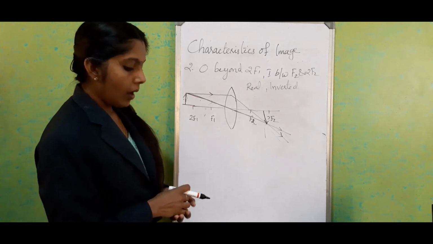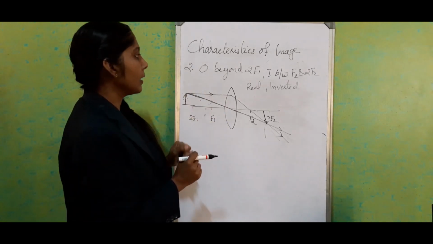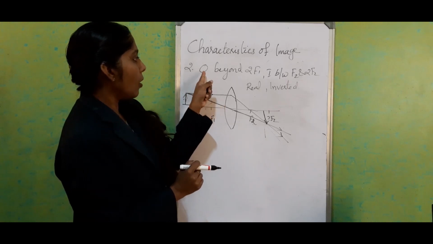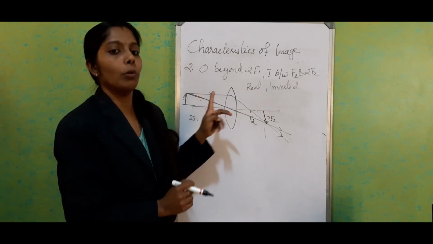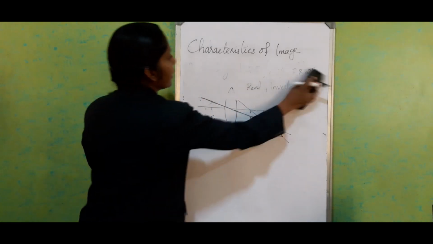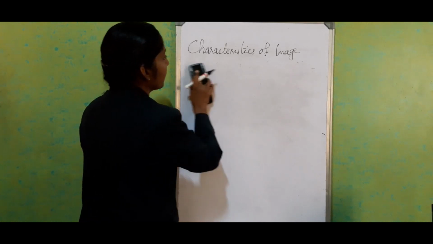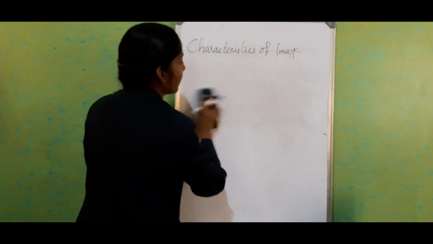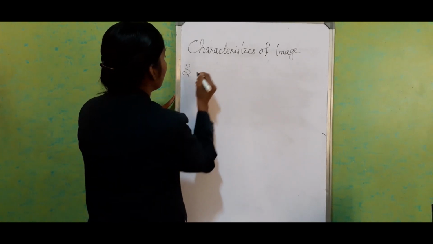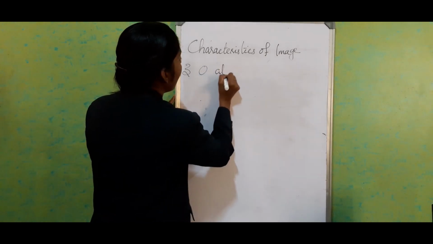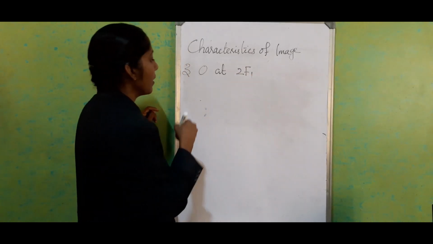Now third condition. Slowly the object is coming closer. Earlier the object was beyond 2F1, now the object is going to be at 2F1. Third condition: object at 2F1.